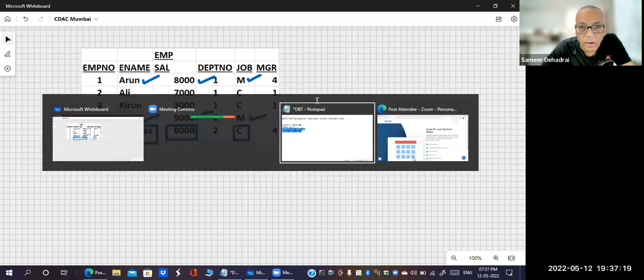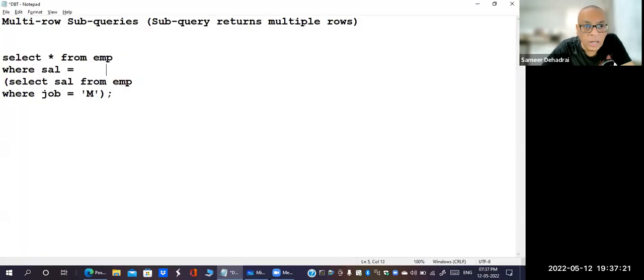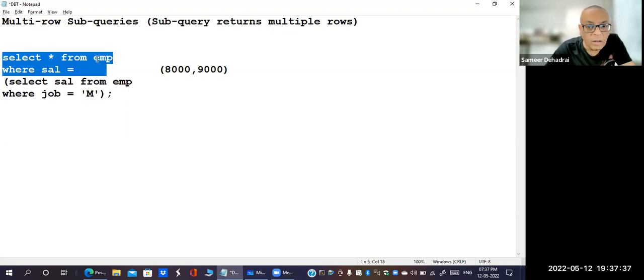So my subquery returns two rows, multiple rows. And in the main query I'm saying where sal equal to two values, which will give me an error.